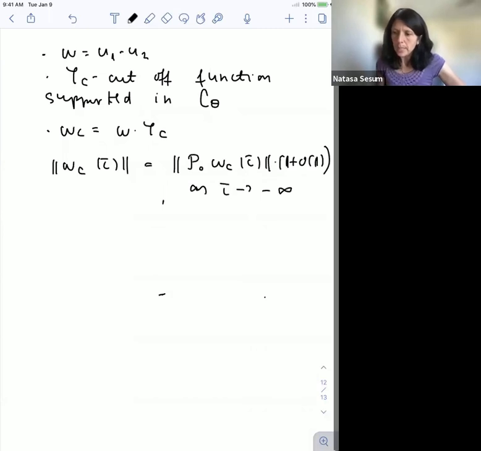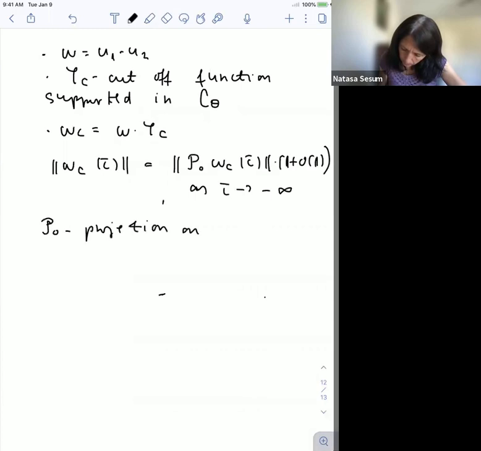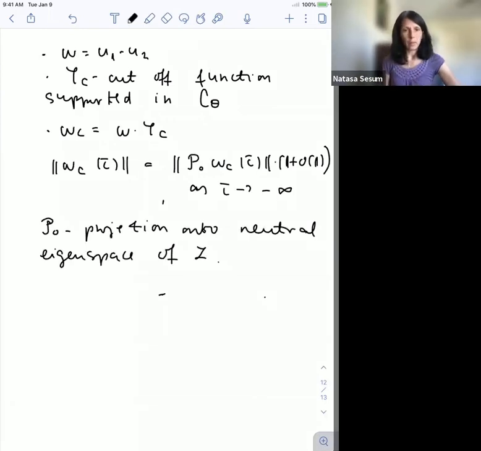And what is now P0? P0 is the projection onto the neutral eigenspace of our operator L. Okay, so this means that if I take the difference of two solutions, U1 and U2, I can carefully choose my parameters gamma and beta, which correspond to translations in time and parabolic dilations, right?